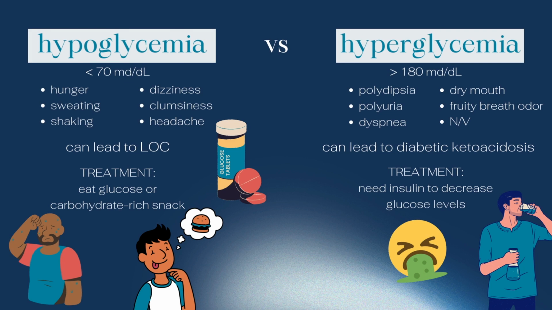But on the other end, hyperglycemia is going to be polydipsia, polyuria, dyspnea, dry mouth, fruity breath odor, nausea, and vomiting. And polydipsia is increased thirst, and polyuria is increased urination, and hyperglycemia state can lead to diabetic ketoacidosis, and that presents with rapid weak pulse, flushed skin, lethargy, and hyperventilation.